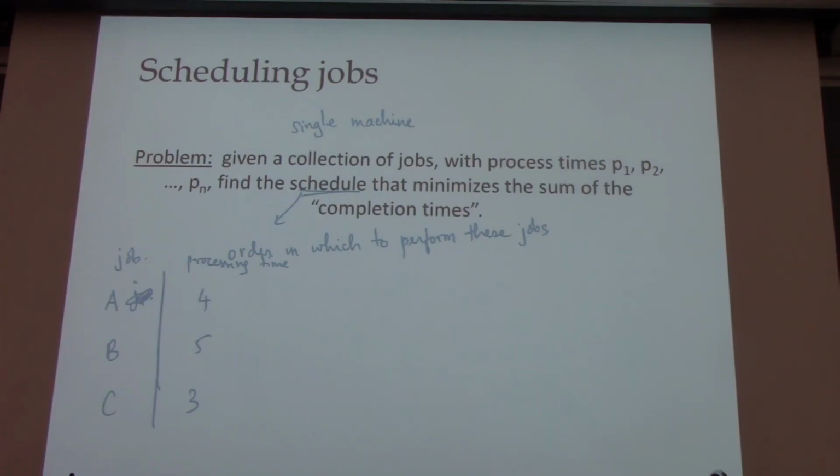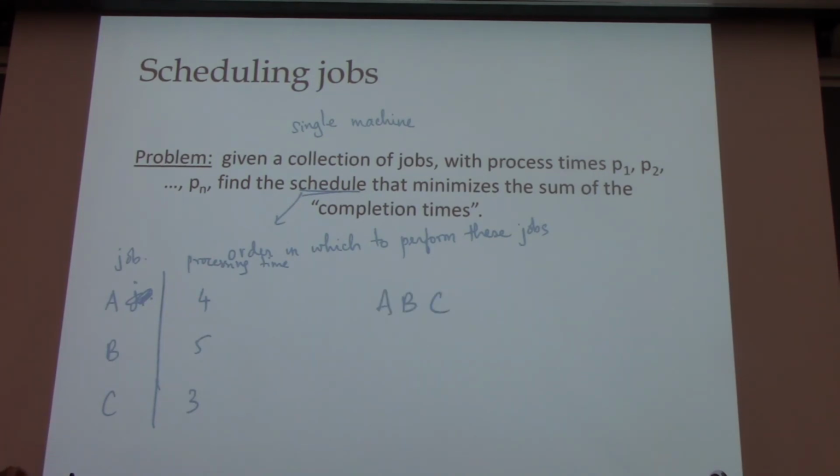And what are we saying? We want to schedule them. What does that mean? It's just an ordering in which to complete them. You have a machine, and it wants to do them in a particular order. At every time step you can only be running one job. So it could do A, B, C in that order.